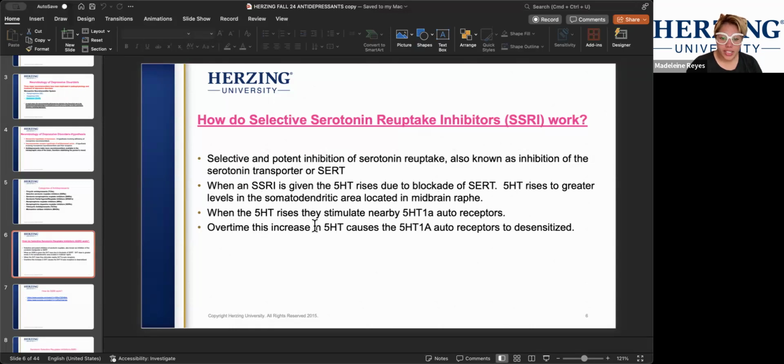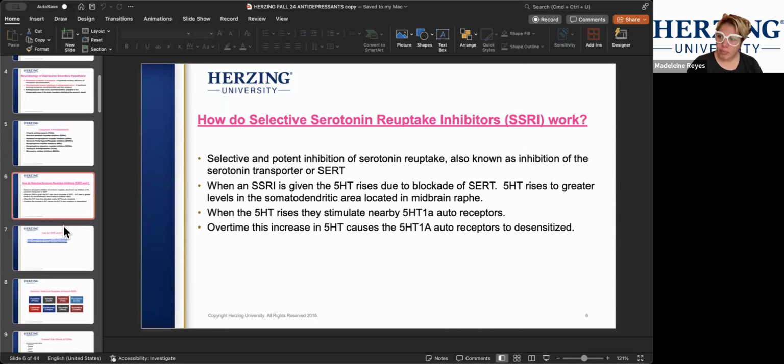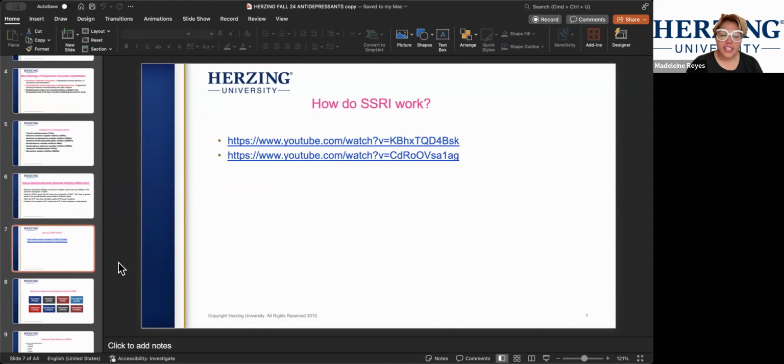Over time, this increase in 5-HT causes the 5-HT1A autoreceptor to desensitize, and serotonin release starts increasing. So that's why a lot of medications take weeks to work. It's like an adaptation, and it starts increasing slowly in the brain. I've attached some very helpful videos to the PowerPoint presentation that give you a close-up on how it works in the receptors.